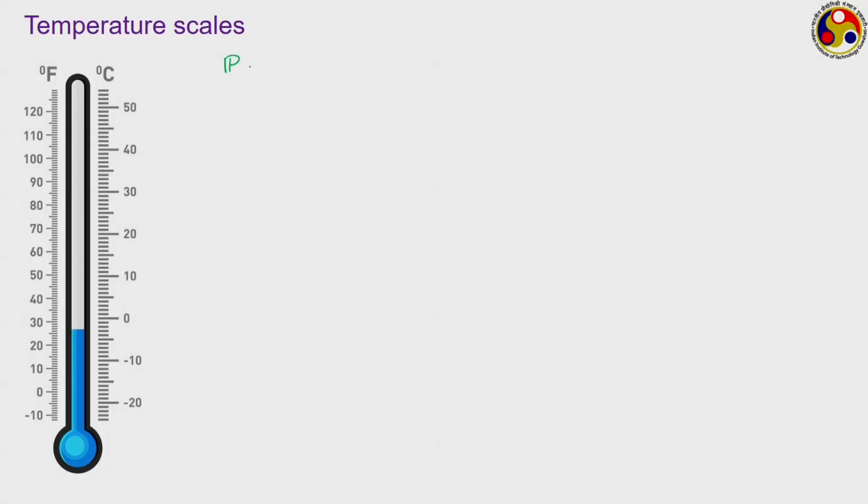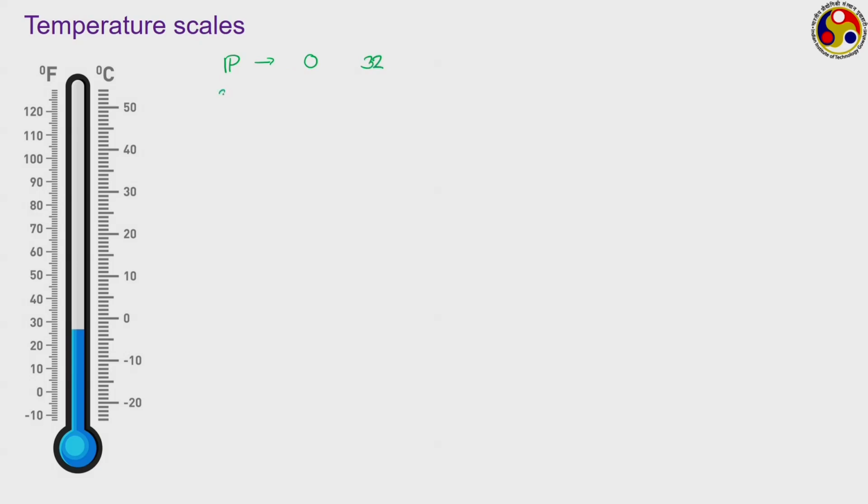Ice point refers to the temperature at which, under atmospheric condition, water starts to freeze, or in the reverse way we can say ice starts to melt. In the Celsius scale, the ice point or the melting point of water is given a value of 0, whereas in the Fahrenheit scale it is given a value of 32.